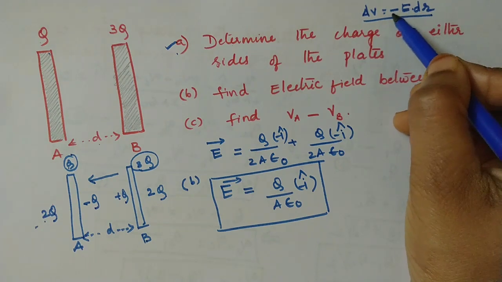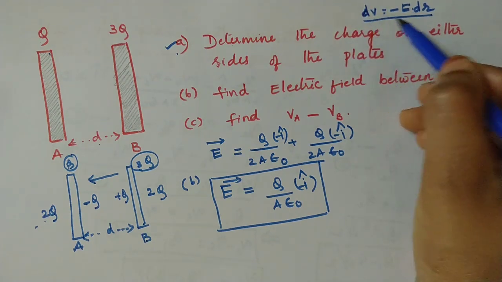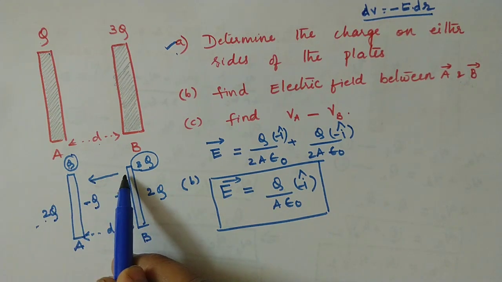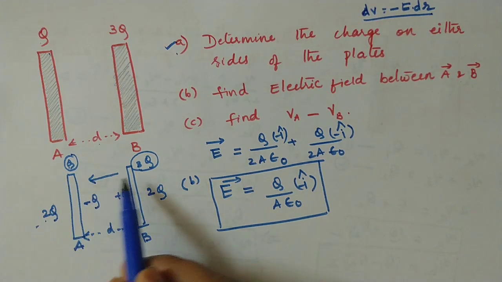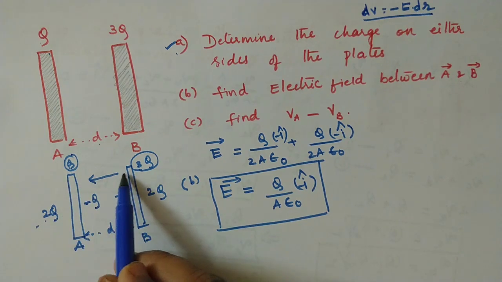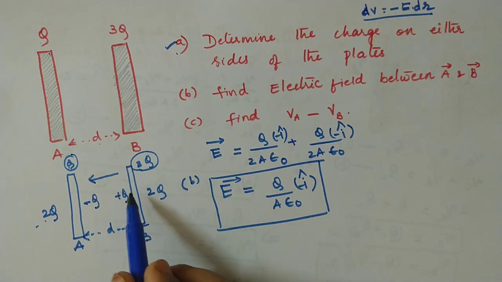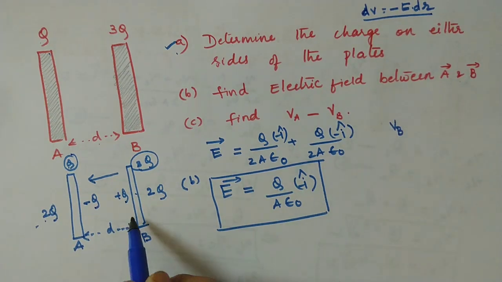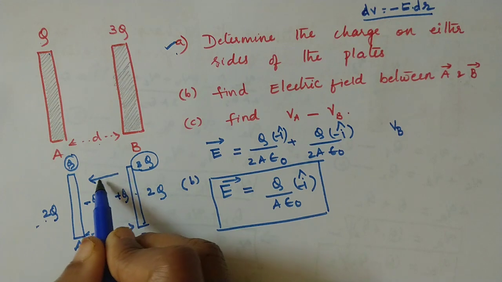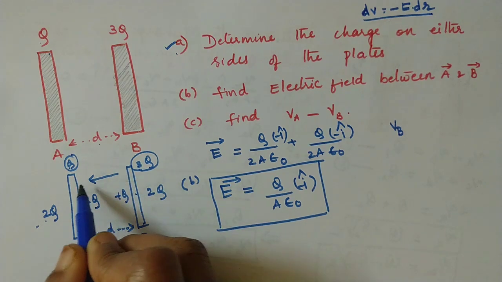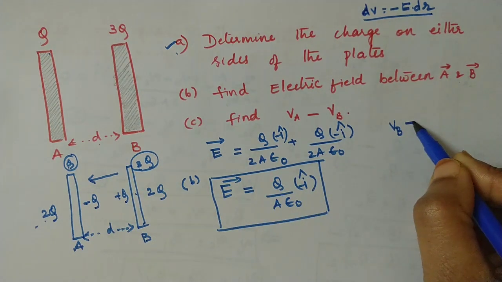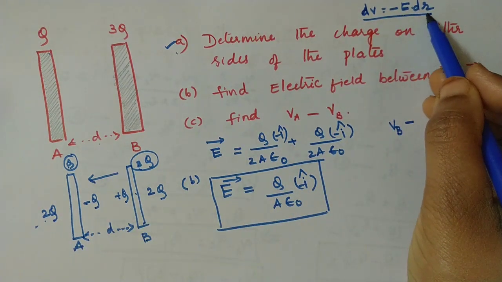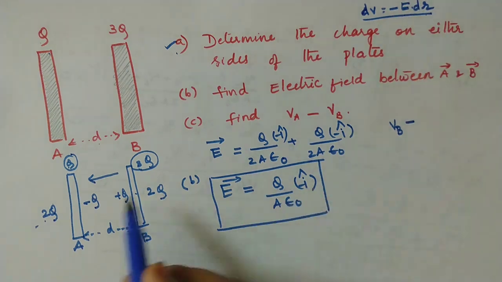The direction of electric field is always in the direction of decreasing potential. So if you go from B to A, you are moving in the direction of electric field, so potential is decreasing in this direction. To write the potential difference, start from VB. I am moving in the direction of electric field, so potential is going to decrease. So give a minus sign. We know potential is electric field into distance between the plates because it is a uniform field.